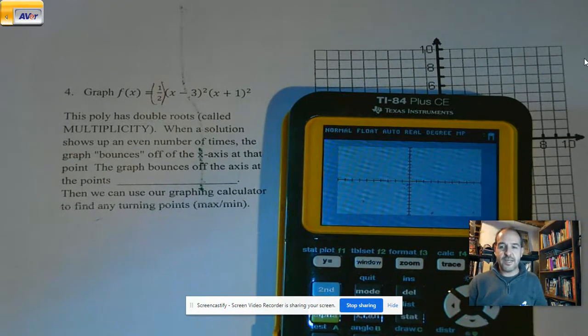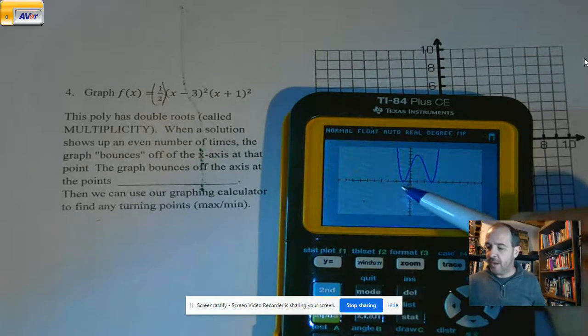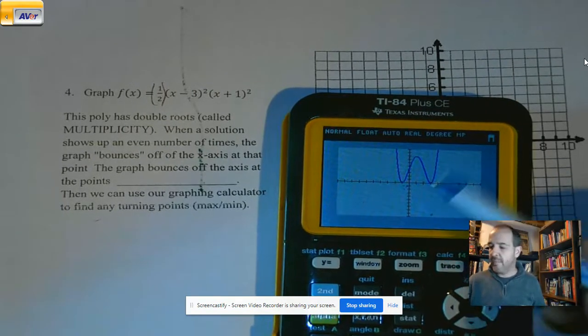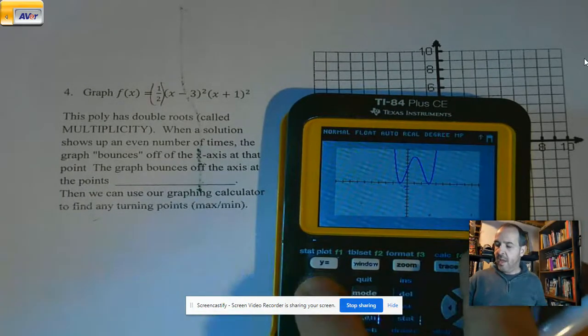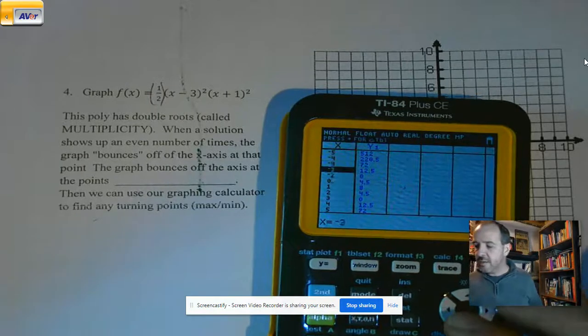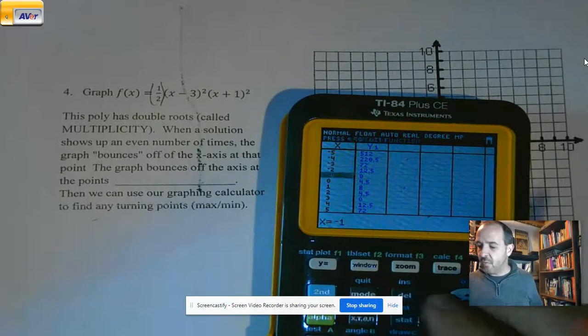So what you're going to see is you're going to see a couple of them here. There's a bounce, there's a bounce. The bottom's in my W here. They hit the x-axis and bounce right back up. And if I look at my chart, those bounces occur at -1 and 3.